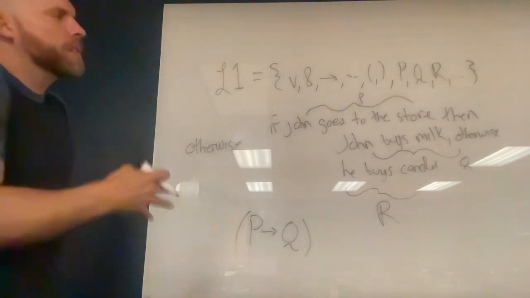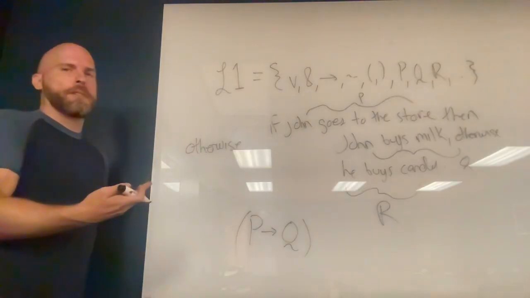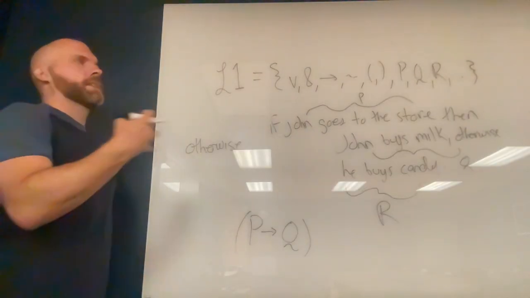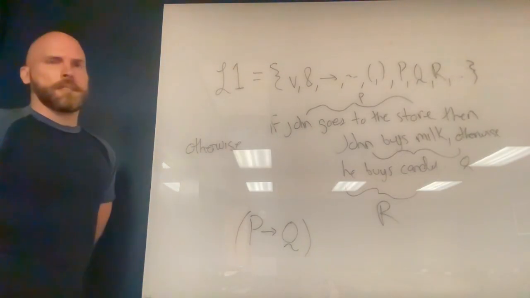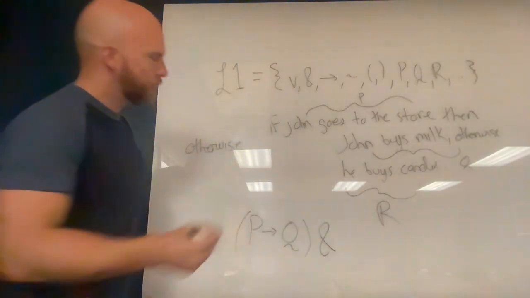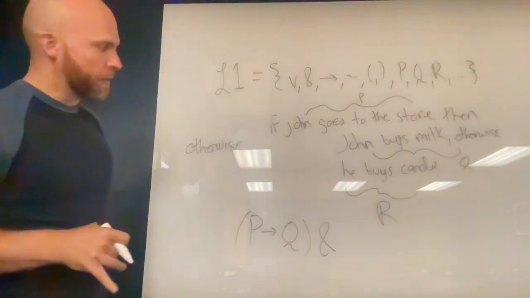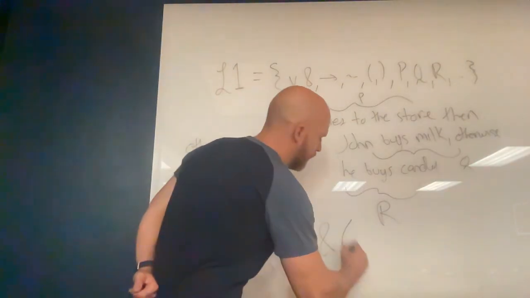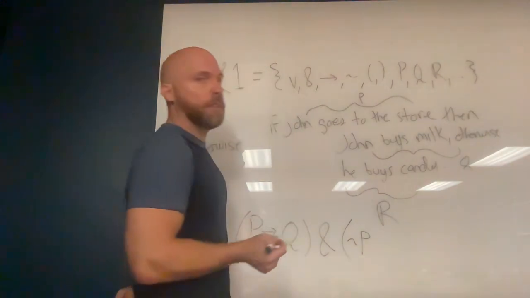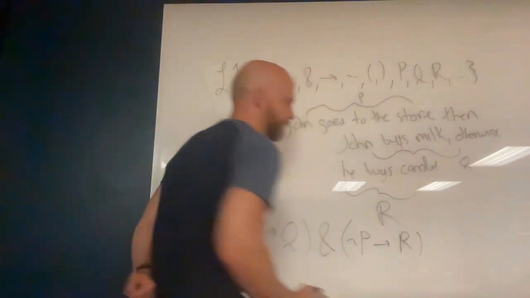What is "otherwise" doing? We're giving some other information: he'll buy candy instead. Put a conjunction here. If John goes to the store, then he buys milk. And here's our additional information: otherwise, that is, if he doesn't go to the store, then he buys candy.